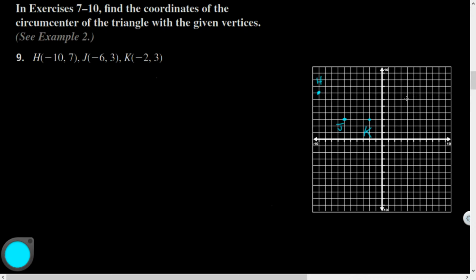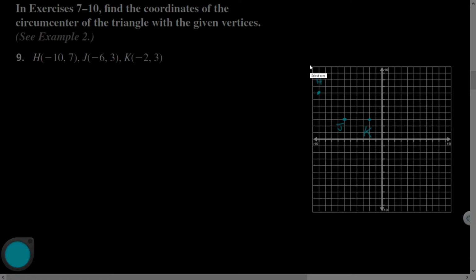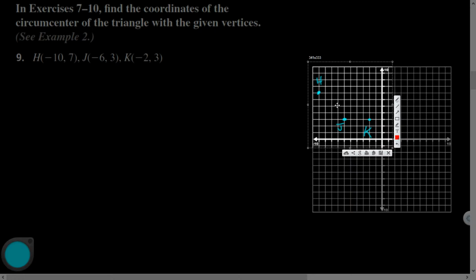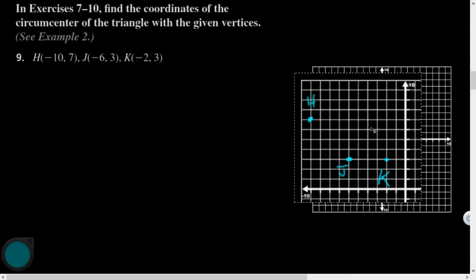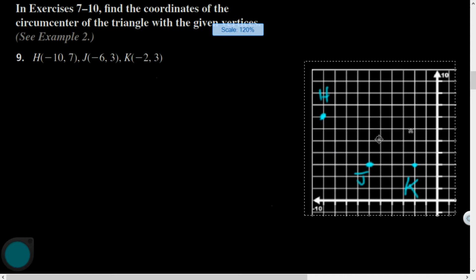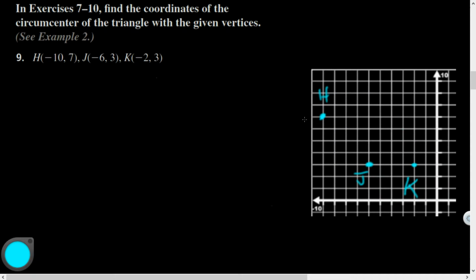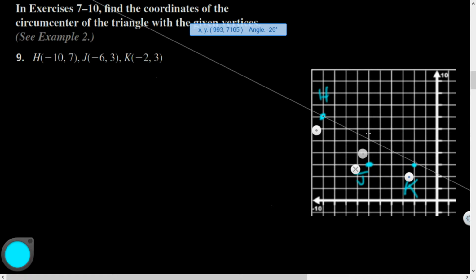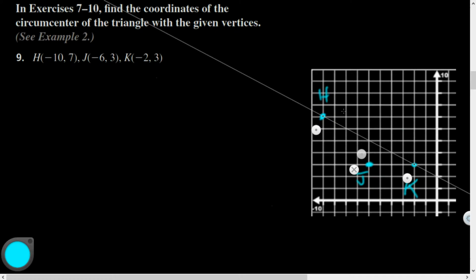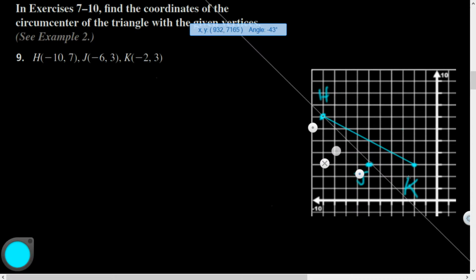There's K. I'm going to zoom in on this just a tad so you guys can better see what I'm working with. It's going to get a little more pixelated, but that's okay. I'm going to draw this triangle. Thing of beauty.